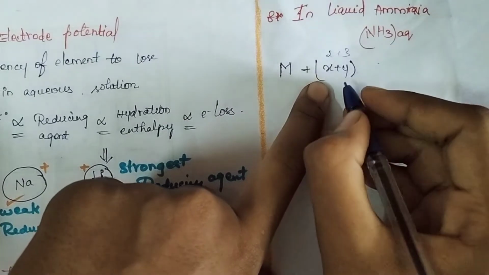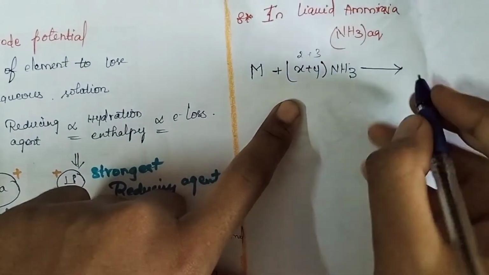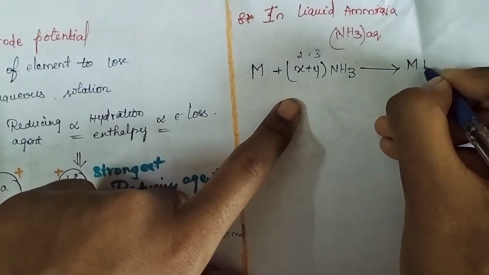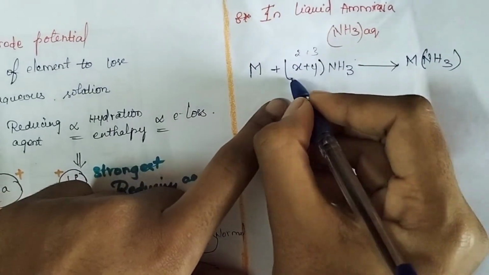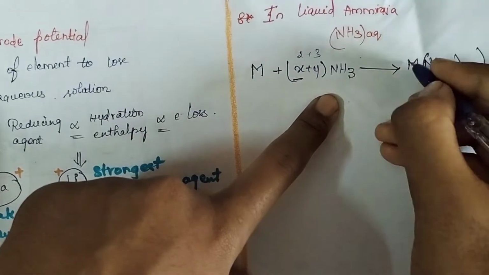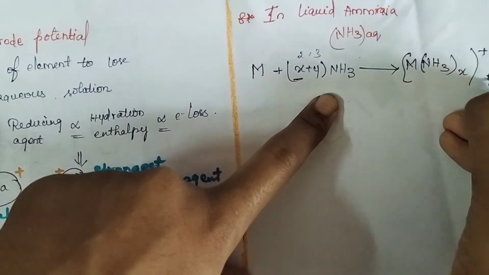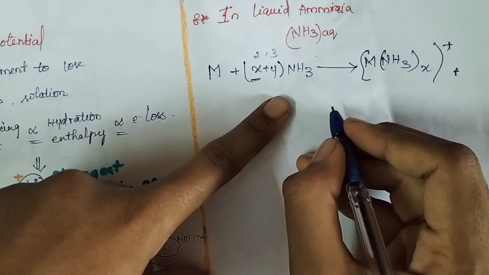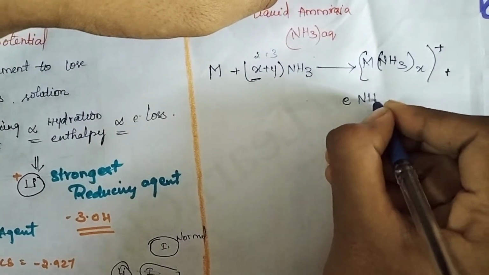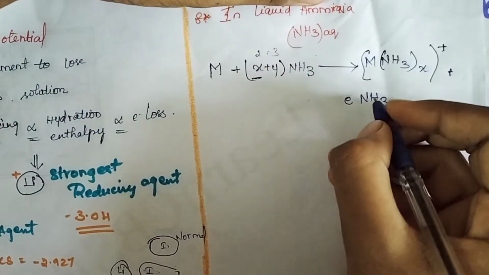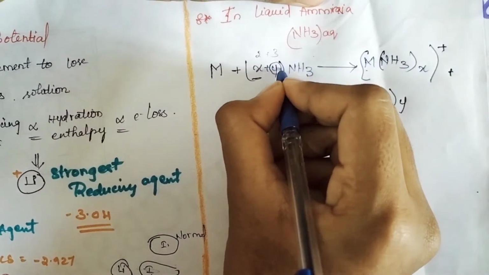NH3 gives ammoniated cation, this is X, the first X plus is for cation, and ammoniated anion. Okay, ammoniated anion is negative, correct? E electrons, I told, ammoniated electrons, that's what here. The electron lost here is gained with this much number of ammonia.